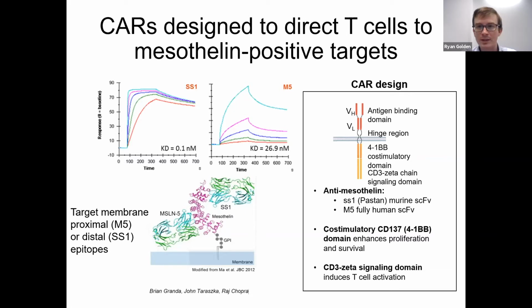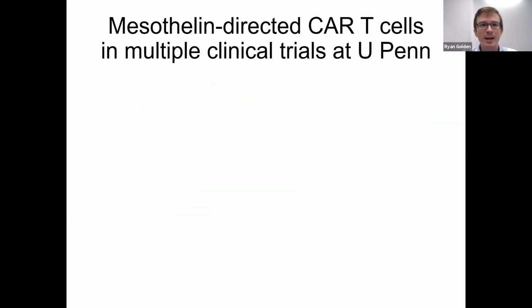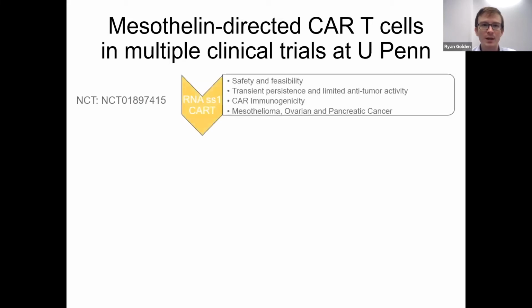And so, these are the two systems we have going, and we have a number of clinical trials ongoing at Penn that test these different CARs. Just to go through a few of the high points, one of the initial studies used an RNA, delivered to autologous patient T cells to express the SS1 CAR.